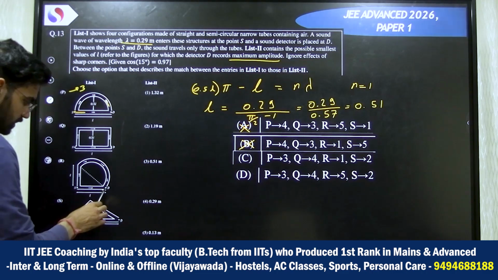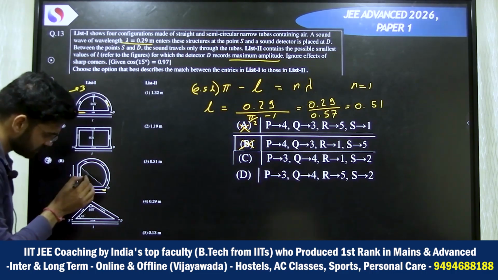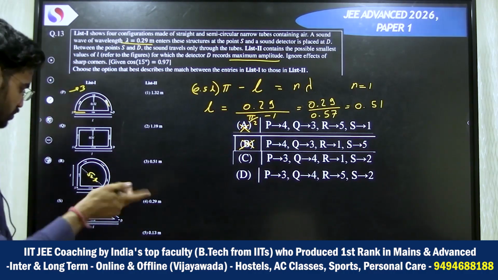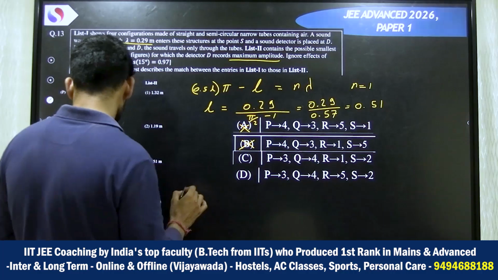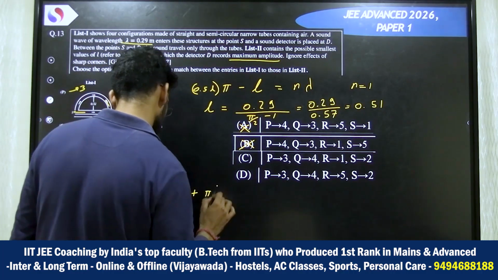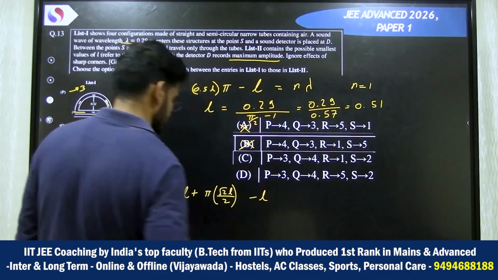For R, here it is L directly, and here L plus pi R. If this is L and this is L, then the diameter is root 2 L, right? So the radius will be root 2 L by 2. So here one path is L plus pi into R, where R is root 2 L by 2, minus L on the other side.